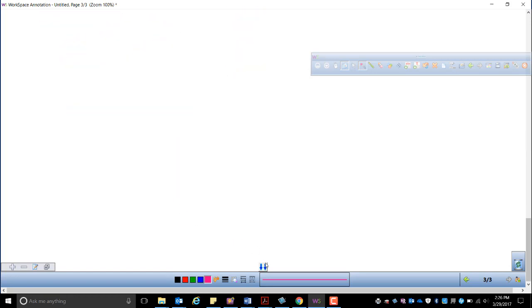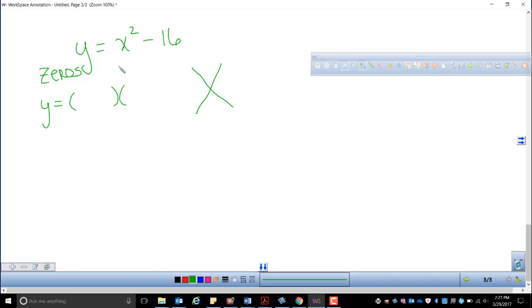Okay, there's one more special case I want to show you. And this one is really special. Let's say you get y equals x squared minus 16. Okay, so we go to factor, because Mrs. Elgert said we're going to find the zeros. So we're going to factor. So we're going to say y equals, well, factors of negative 16 that add up to, there's no b, so they add up to 0.